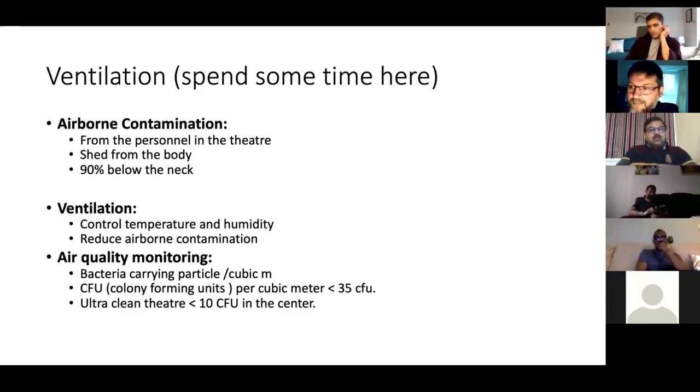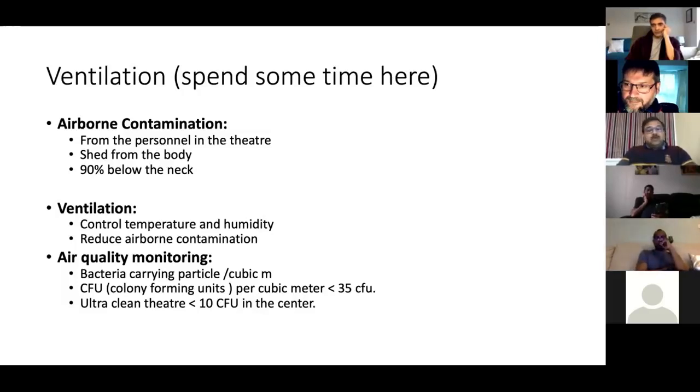It is in the guidelines to do air quality monitoring. In cases of ultra clean theater, it should be done at least every 3 months. And it is done by calculating the bacteria carrying particles per cubic meter. At this point, if you remember, you can mention the microbiological slit sampler that essentially draws air over culture plates in a specified quantity, and then these culture plates are incubated for 48 hours and the colony forming units are calculated.